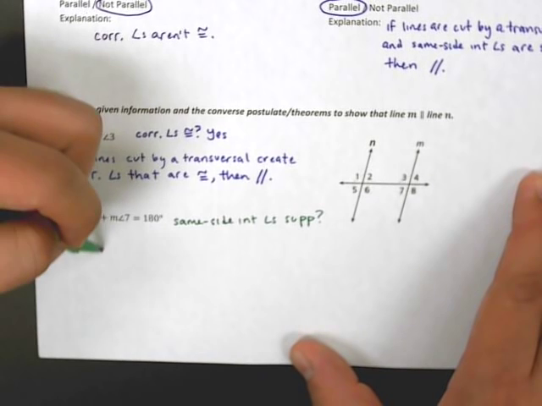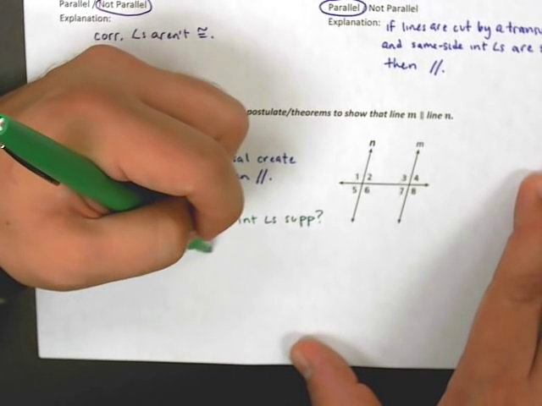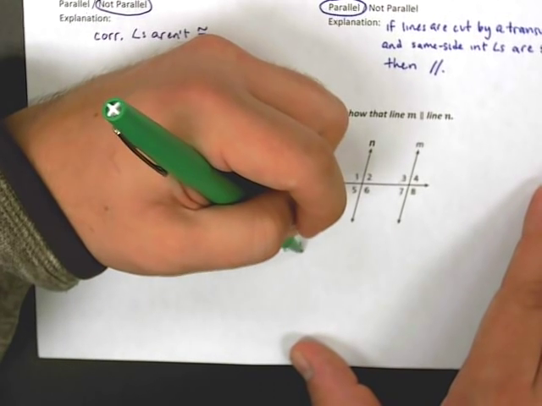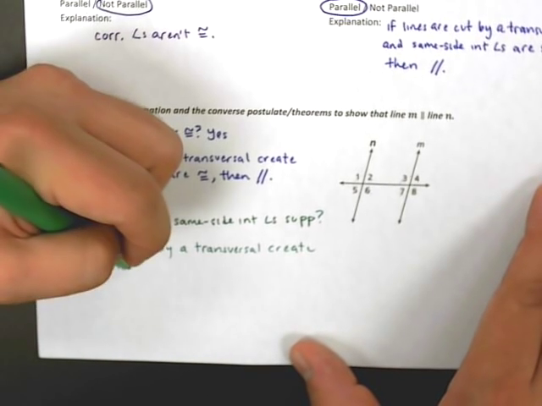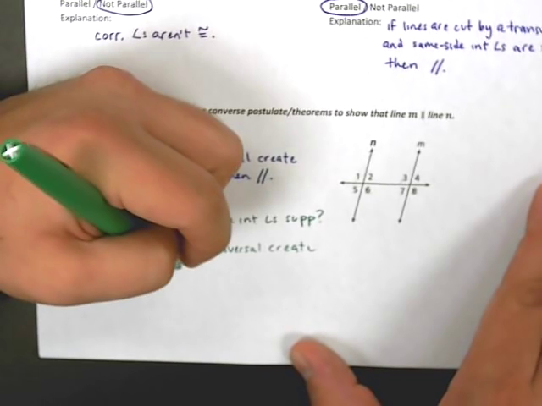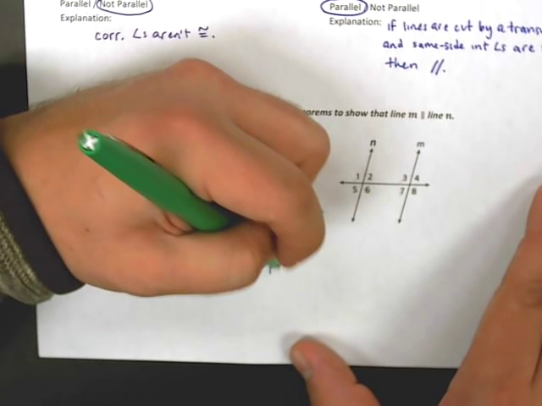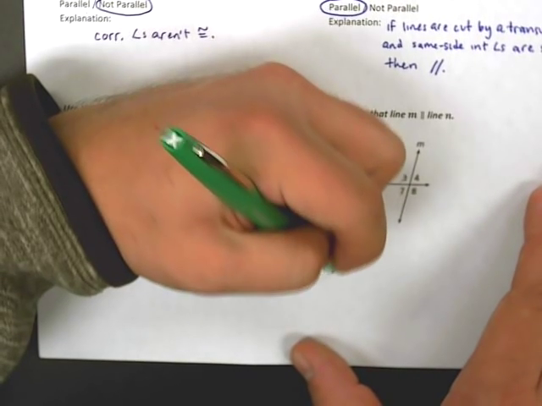If lines cut by a transversal create same side int angles that are sup, comma, then parallel.